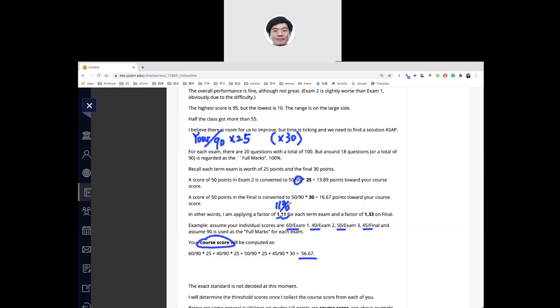And for the final, it's even higher, actually 33%. So what you receive is 11% more on the 3 term exams and 33% more on the final. That's quite generous, and that's something I have already decided.